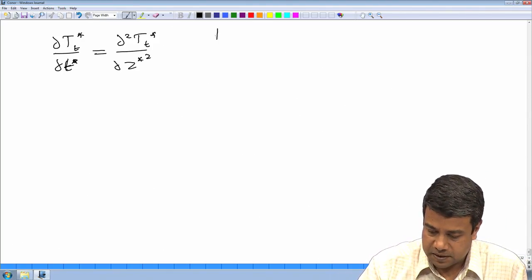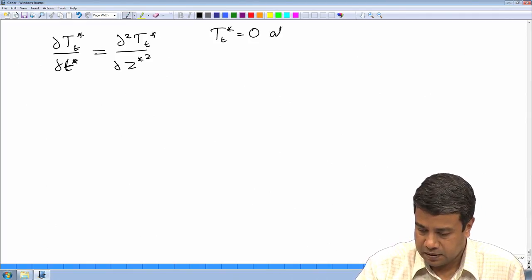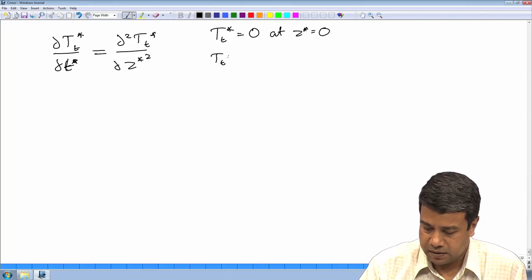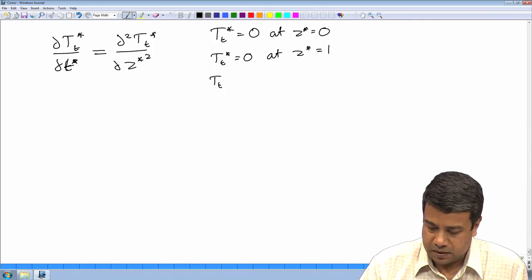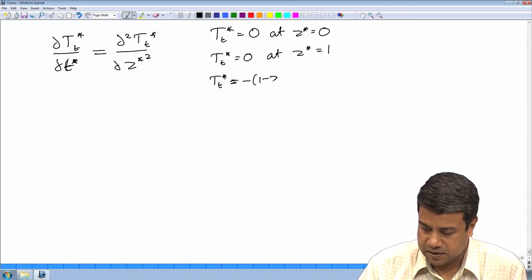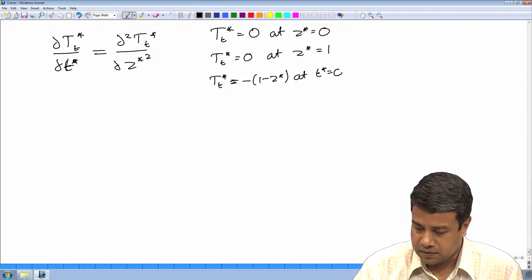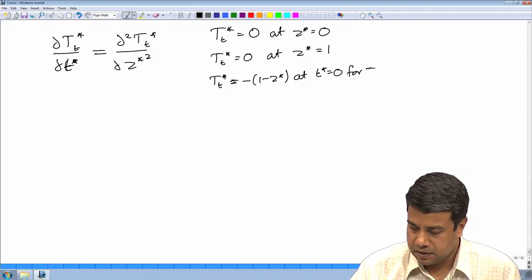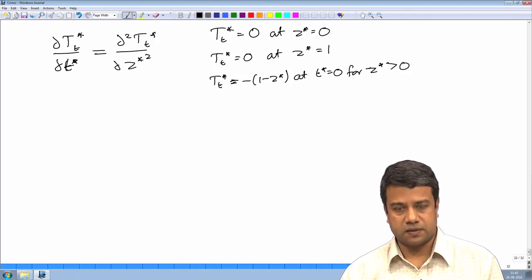We had to solve it subject to the condition that T transient is equal to 0 at z star equal to 0, at z star equal to 1, and T transient is equal to minus of 1 minus z star at t star equal to 0 for z star greater than 0. That was what we were trying to solve.